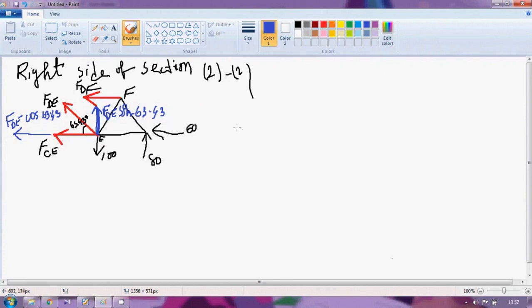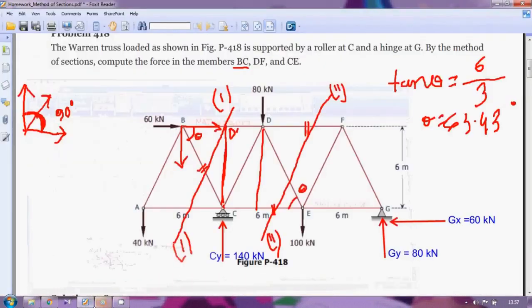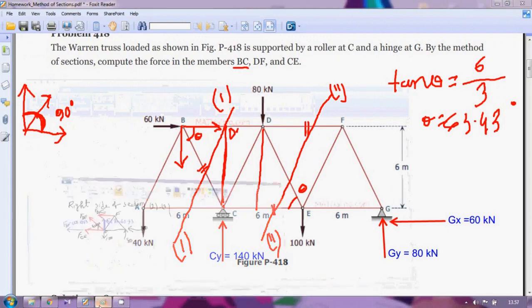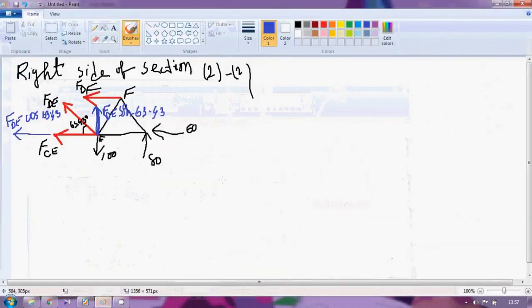Now we have to determine the member forces FDF and FCE. So what can we do? You know that FDF is unknown, FDE is unknown, FCE is also unknown. Three components are unknown, correct? If I take summation Fy, then FDE will come, so it will help me.